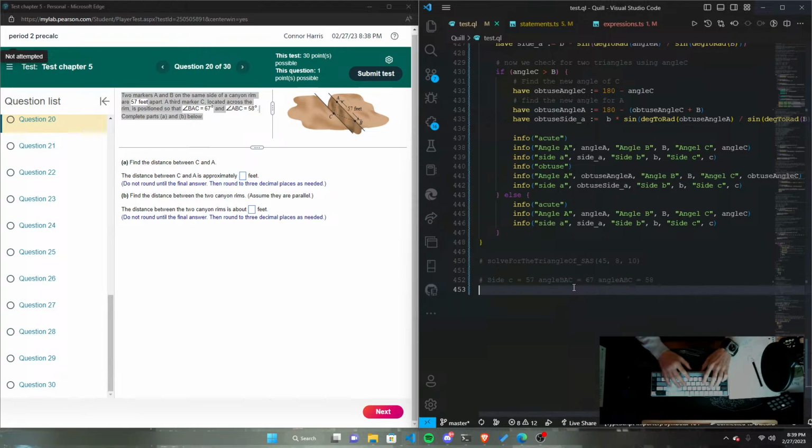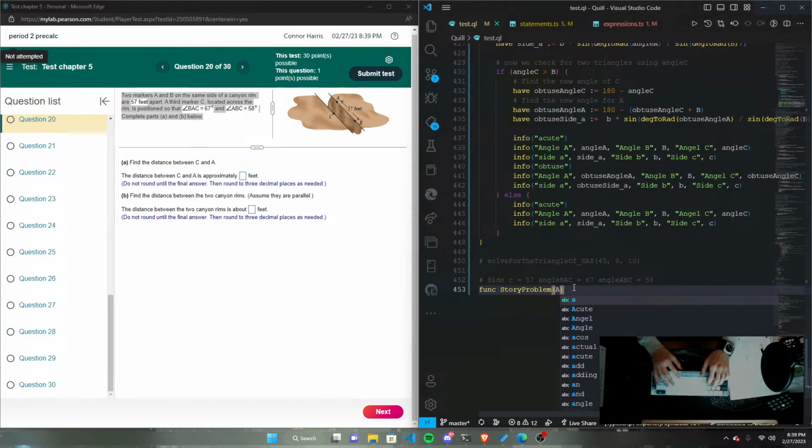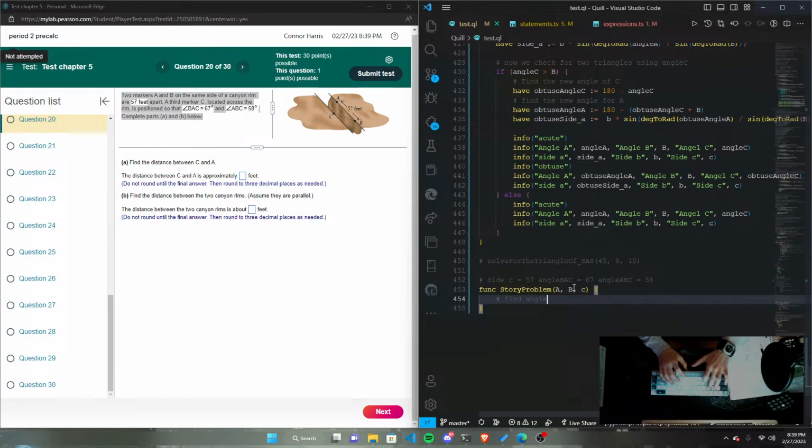So now let's create a new function, we're just going to call it story problem. This is going to take in the value of A, angle B, and angle inside of C. The first thing we need to do is find angle C, because we're already given our first two angles.